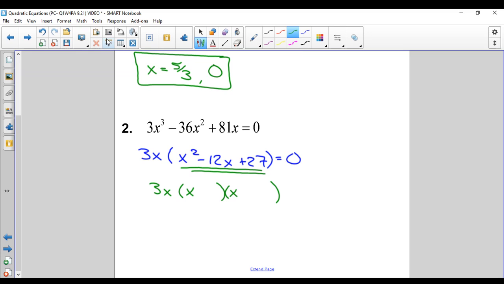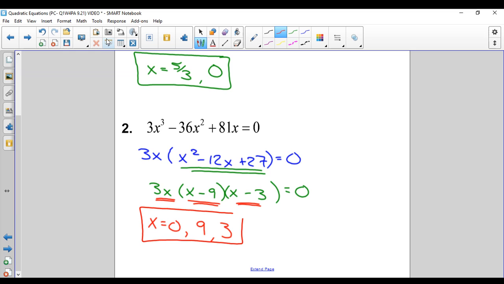What factors of 27 add up to -12? Well, we have -9, -3. That is factored. We take a little baby step more, pull out our solutions. 3x gives us 0. X minus 9 gives us +9. X minus 3 gives us +3. And those are my 3 solutions.